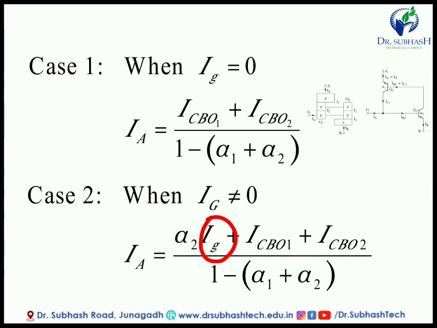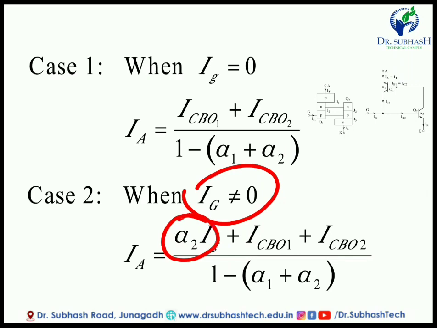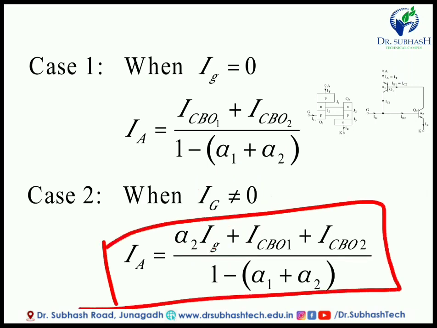In this equation, whenever IG is equal to 0, this term becomes 0, so we directly get the earlier equation. But whenever IG is not equal to 0, we have to consider alpha 2 into IG. So the total equation is like this. For case 2, IG not equal to 0, IA is like this. So we have to understand these two equations from the equivalent circuit.